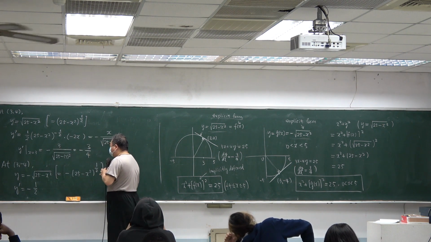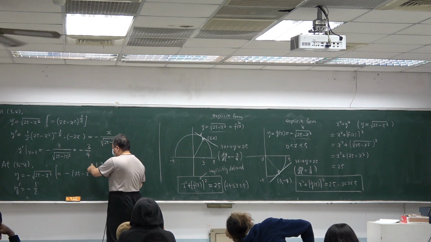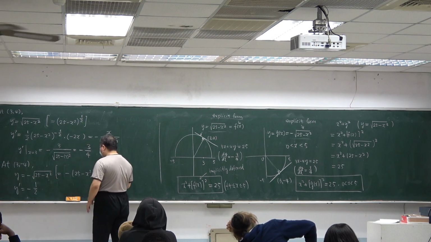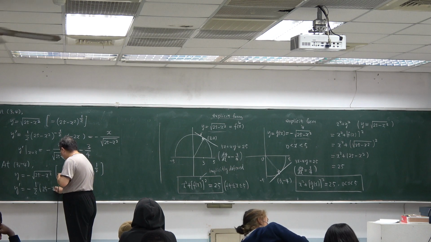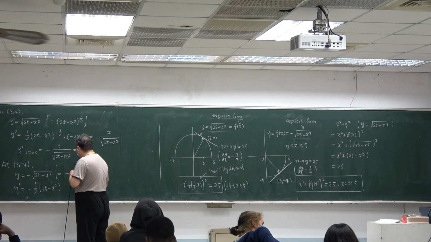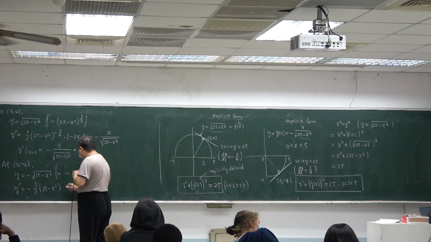Again, use the chain rule. 1/2 as the coefficient. We decrease the exponent by 1.